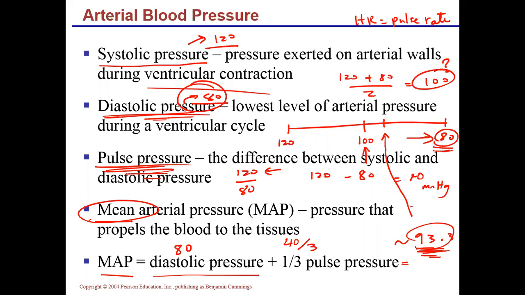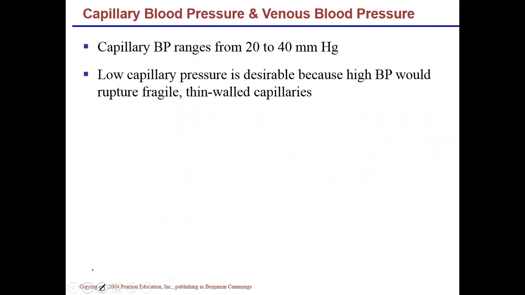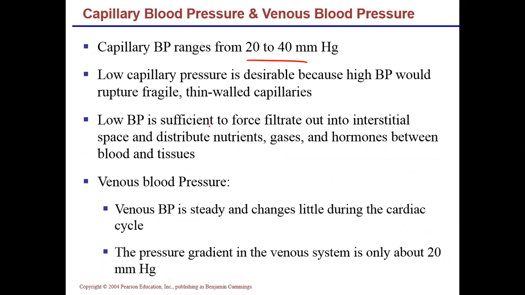All right. So blood pressure, as you know, has to be monitored and looked at. So let's go ahead and take a look. Capillaries, we mentioned 20 to 40. Low capillary pressure is desirable because they're very fragile and they could burst.